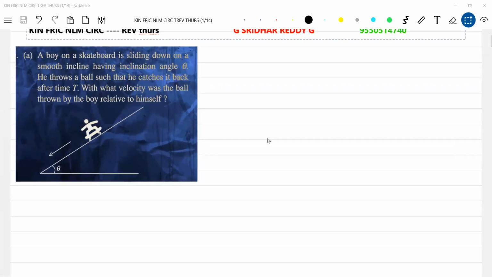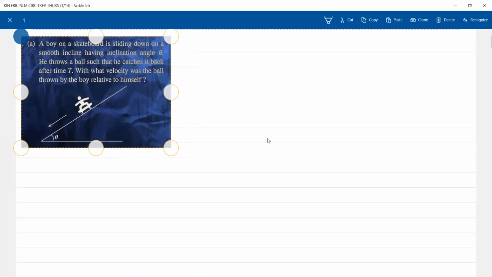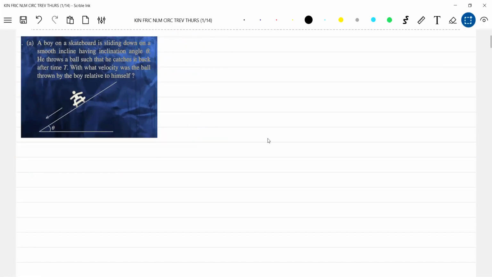So it's a skateboard, or like in our books, it'll be a trolley moving down. A particle is projected from the trolley so that again you will catch the ball.